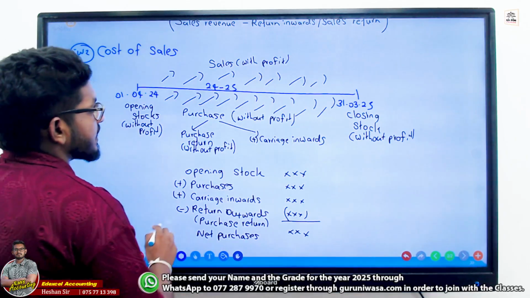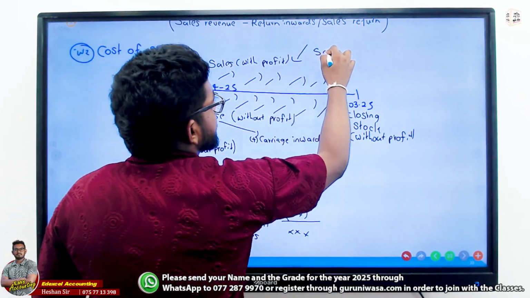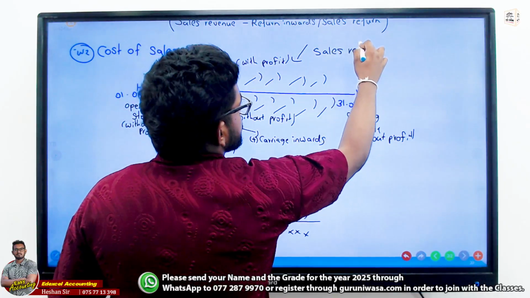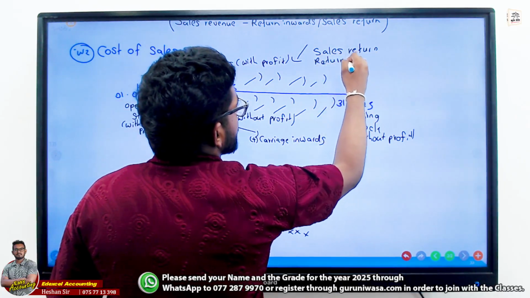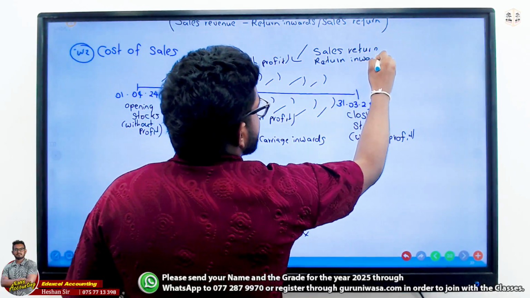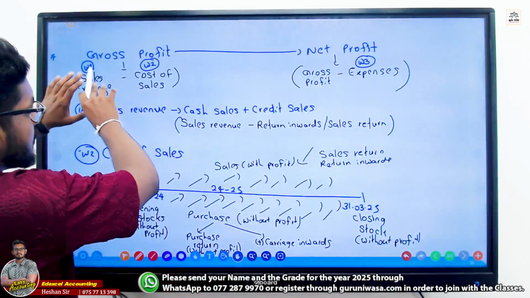When it comes to sales also, in the business there are sales returns, which means return inwards. Now I told you when it comes to sales we take the net sales.